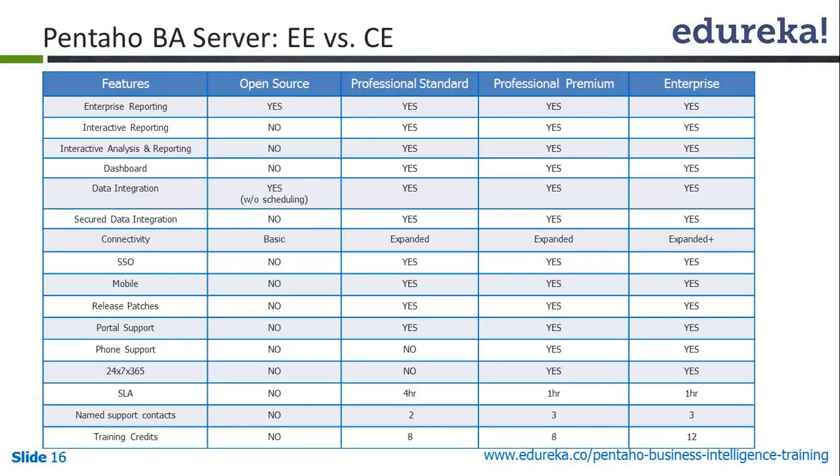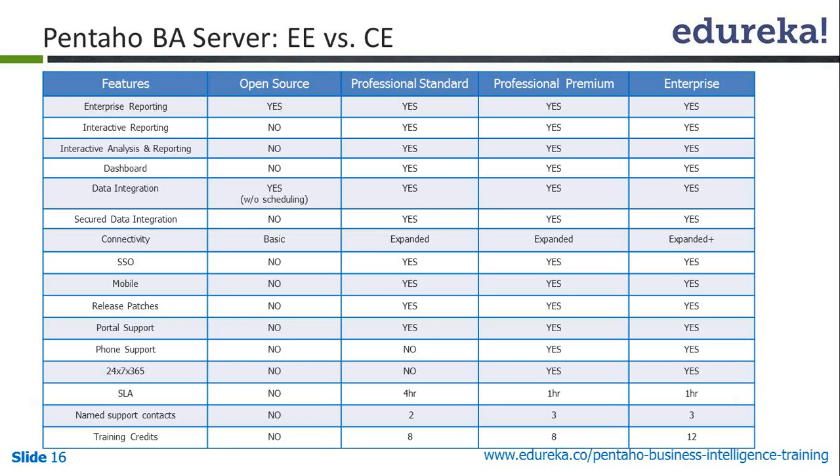On this screen, we'll see that there are different versions of Pentaho available. First is the open source community edition, which is available on the net for anybody to download and use, of course with limited features, and of course the support is not available. That is the main thing.